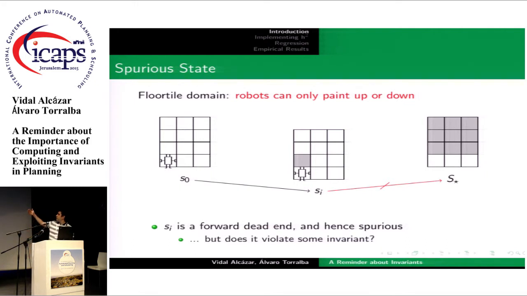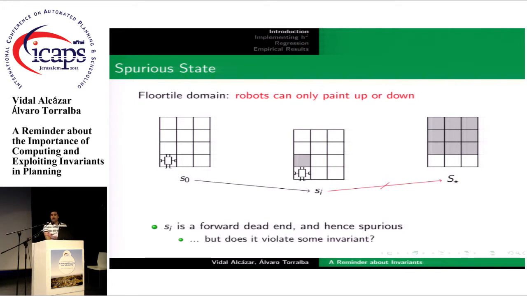Therefore, if our goal is to paint all the cells except for the bottom row, we need to paint them in a particular order. We have to paint them from top to bottom. Because if we paint any cell in the middle, we will have no possible way to paint all the cells above. However, this dead end is not detected by the standard delete relaxation methods because each individual cell can be painted, but not all of them.